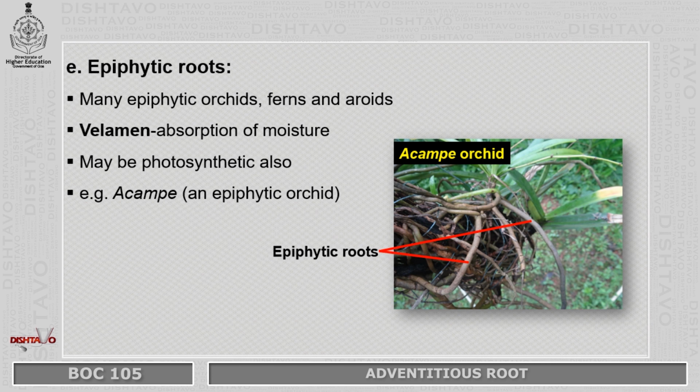They hang down from the epiphytic plants, and they have a specialized tissue called velamen, which helps them absorb moisture from the atmosphere. Sometimes they may be photosynthetic in nature also. The best example is Acampe, an epiphytic orchid.